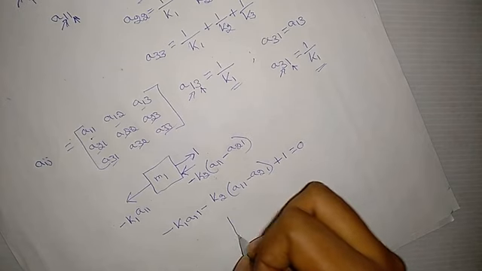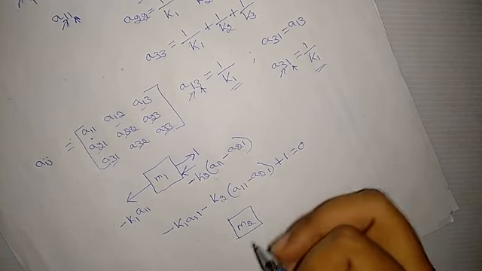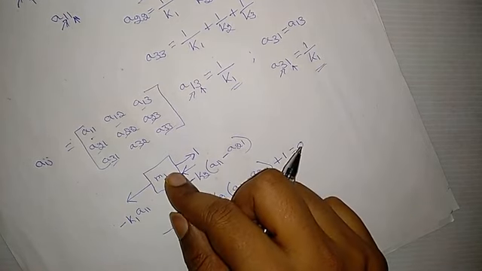If you take the second mass M2, the unit load is applied at point 1.